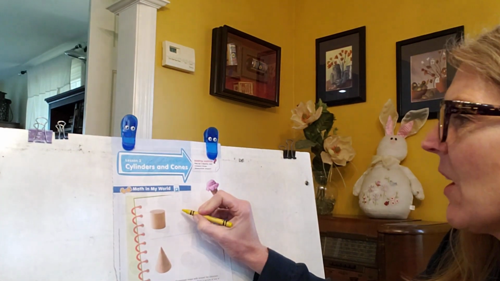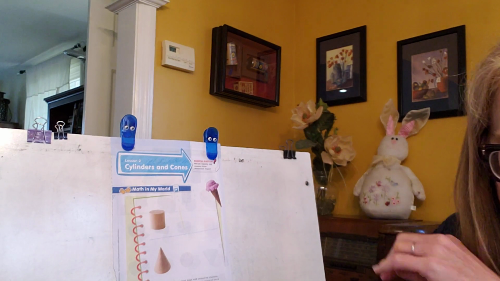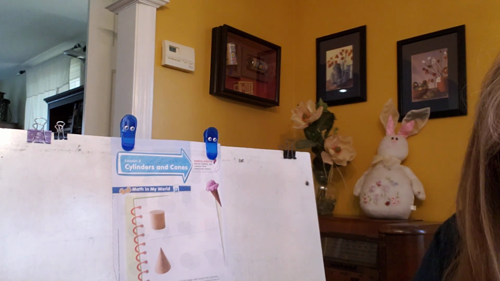Nothing fancy. All right, so what I'm going to do right now is, I said that my cylinder shape, and I'm going to use yellow, and I'm going to turn you this way so you can see, was my, now I'm not going to use yellow because you're not going to be able to see that.